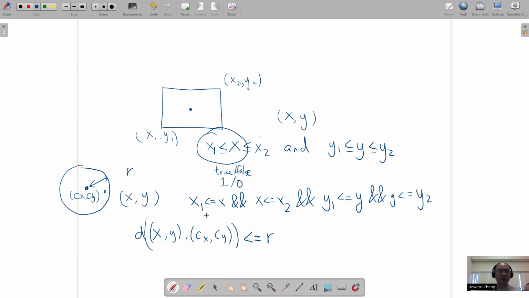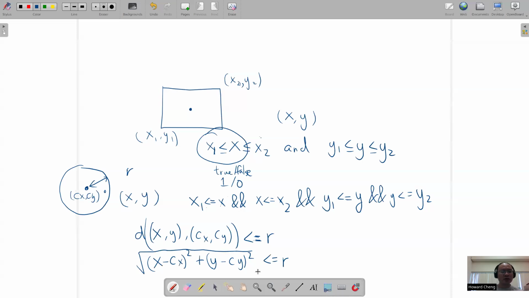Okay, so how do we compute the distance? It's x minus cx squared plus y minus cy squared, Pythagoras, square root, is less than or equal to r. And that's your test.